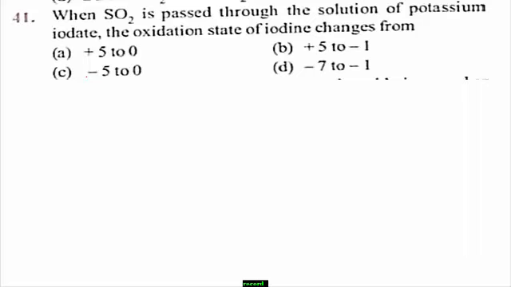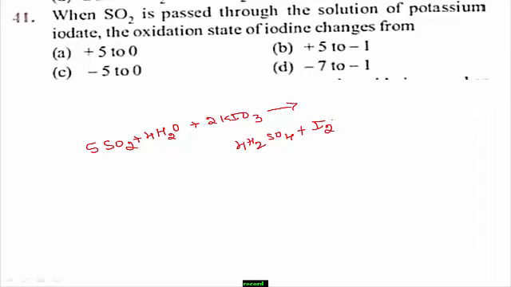Students, the reaction between SO2 and potassium iodate, KIO3, is written as follows. First I write the reaction: 5 moles of SO2 react with 4 moles of H2O and 2 moles of KIO3. When they react, it forms 4 moles of H2SO4 plus I2 plus K2SO4.